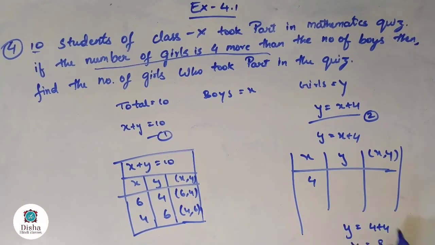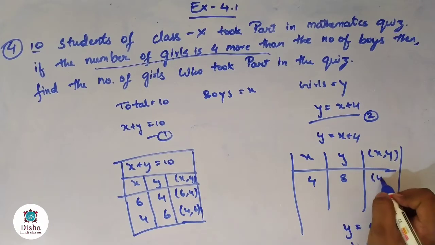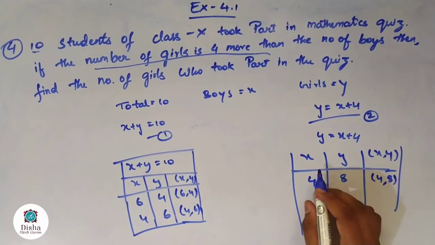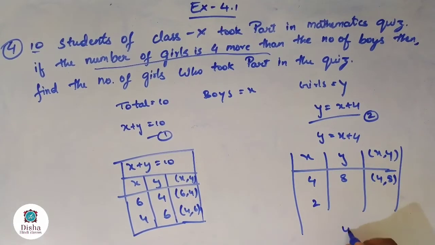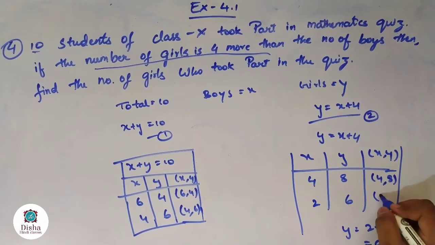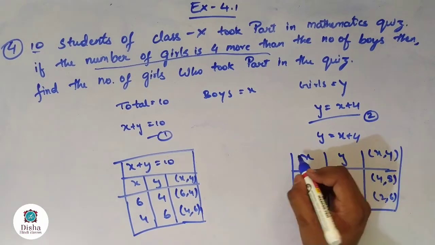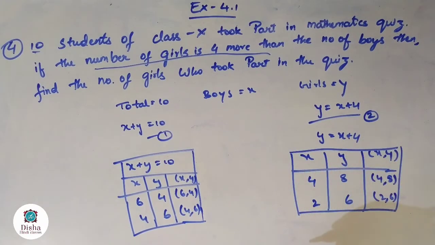Y equals to 8. So 4 comma 8. Now you take X equals to 2. Y equals to 2 plus 4, that will be equals to 6. So 2 comma 6. So you have these 2 points that need to be plotted on the graph.